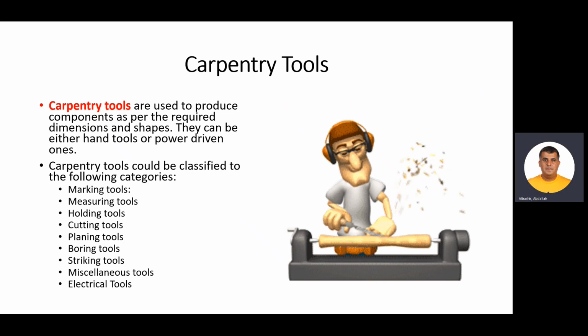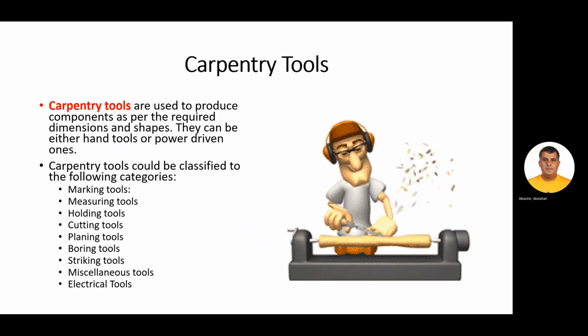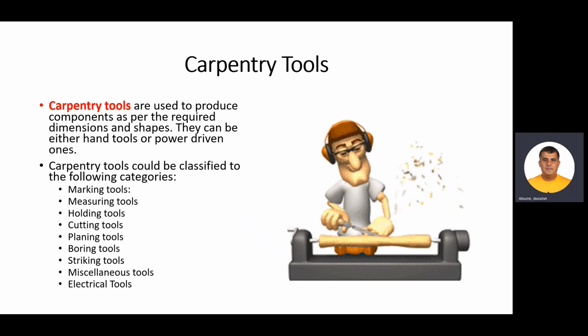The carpentry tools can be classified into the following categories according to function: marking tools, measuring tools, holding tools, cutting tools, planing tools, boring tools, striking tools, miscellaneous tools, electrical tools.